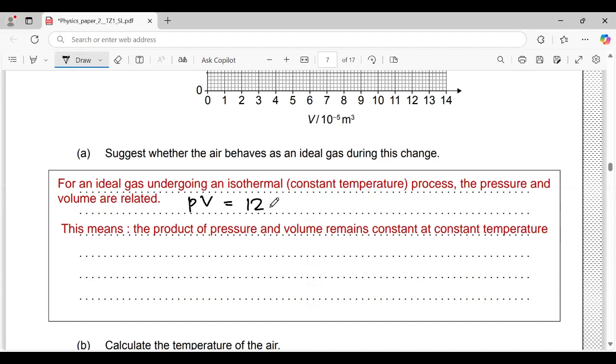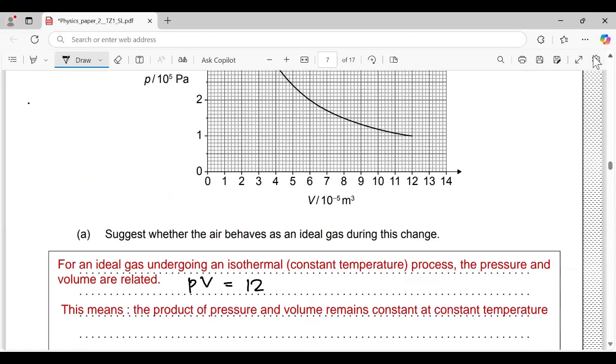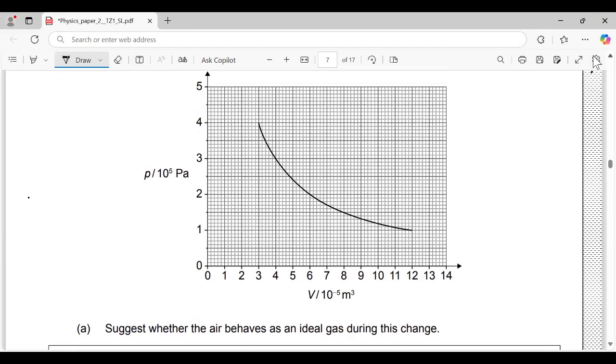I'm going to show you why this is 12. Look, the relationship is 4 on this coordinate point: 4 times 3 is 12. This coordinate point: 3 times 4 is 12.